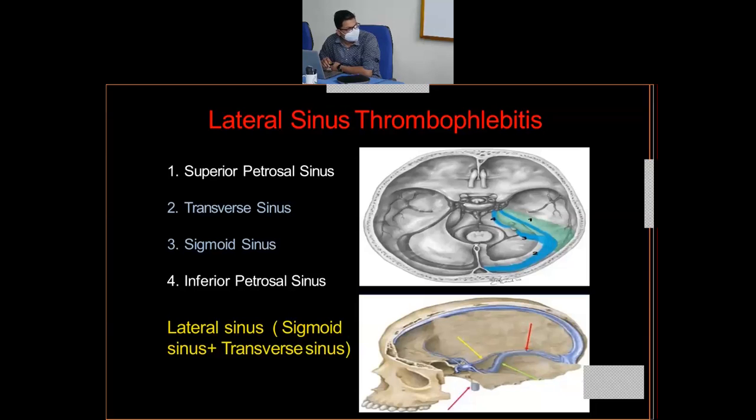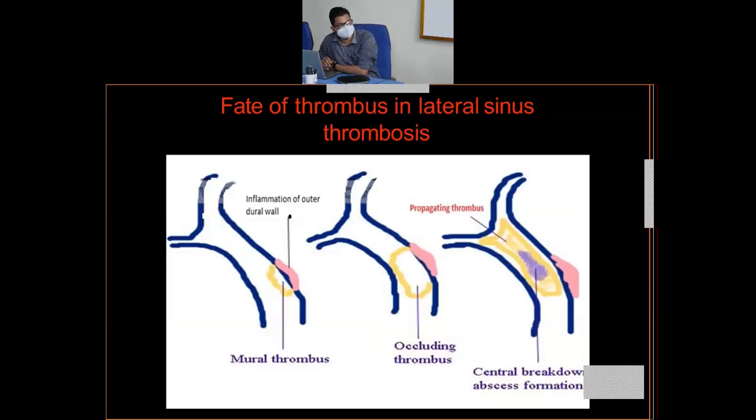The lateral sinus is the sigmoid sinus plus the transverse sinus. So when there is inflammation of the sigmoid sinus, number 3, and the transverse sinus, number 2, then we call it lateral sinus thrombophlebitis or lateral sinus thrombosis.